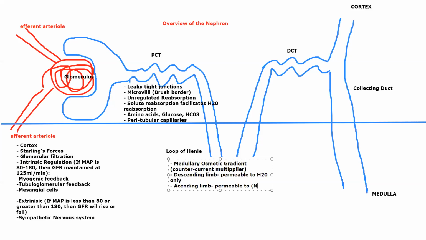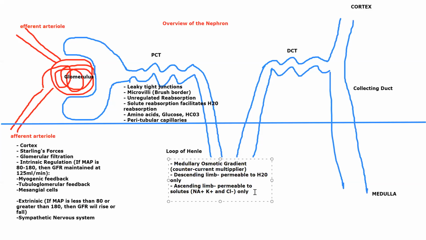When we say solutes, we're talking about sodium, potassium, and chloride. Okay. And so that sequence of events that is brought about by those two differing permeabilities is what brings about that gradient. So have a good understanding of that.